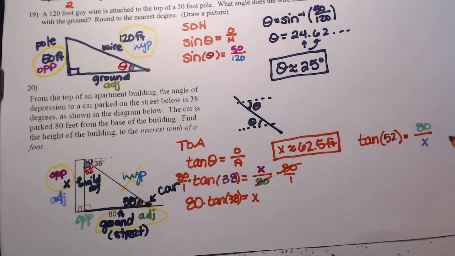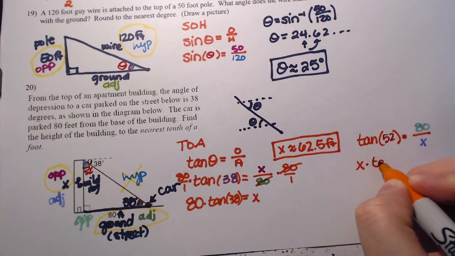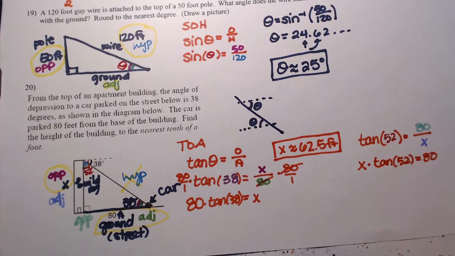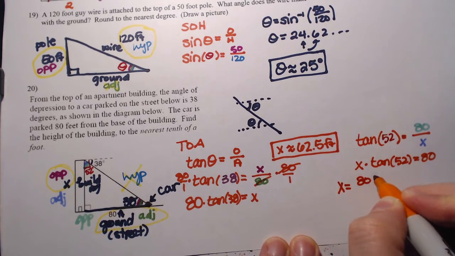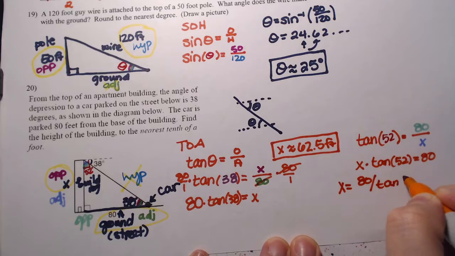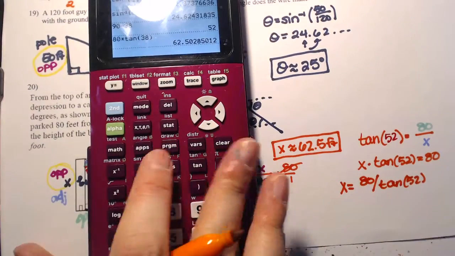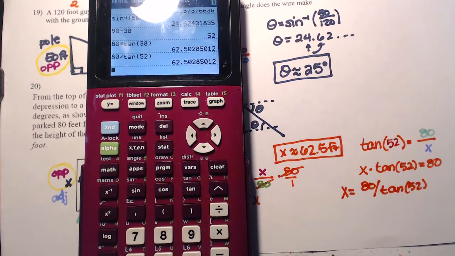And then you have to multiply by x on both sides. And divide by tangent of 52. And then type that in. So 80 divided by tangent of 52, and we get the same answer.